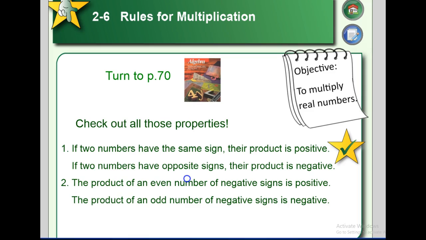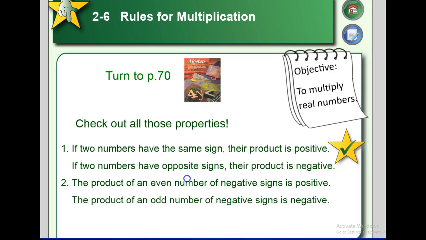It says there is a unique real number 1 such that for every real number A, A times 1 equals A. So what's that saying? Well, anything times 1 equals itself. Who can give me an example? Great job. 2 times 1 equals 2. How about Mrs. Burton's favorite number? Yeah, 32. 32 times 1 equals 32. And that's called the identity property of multiplication.